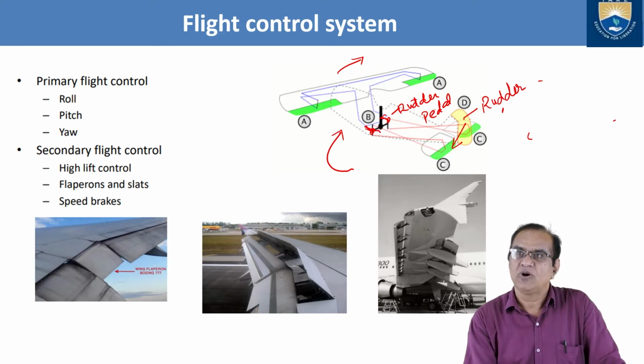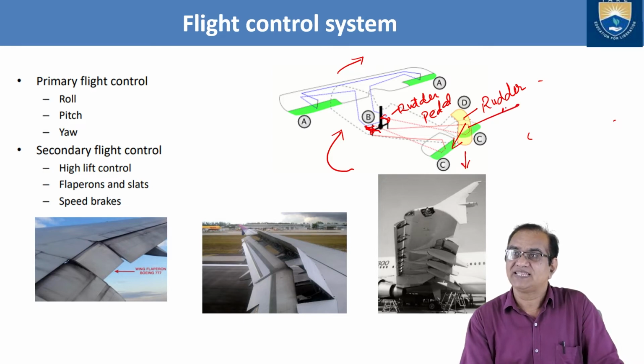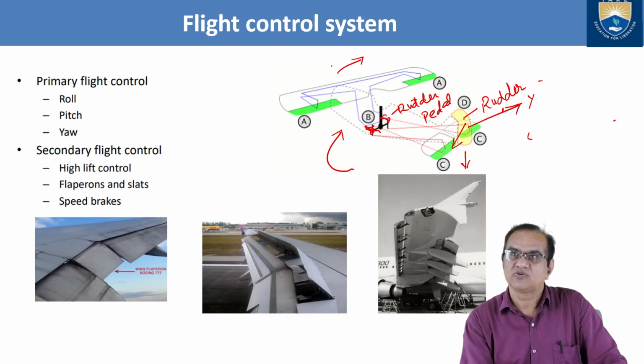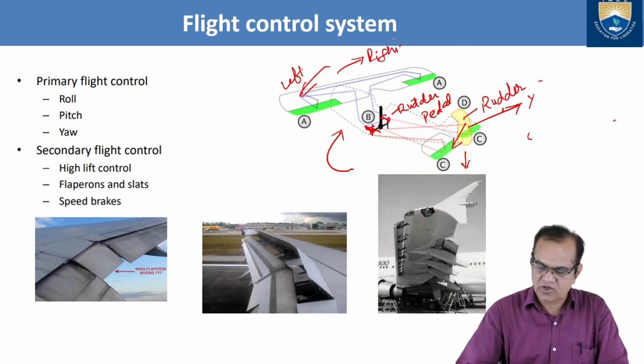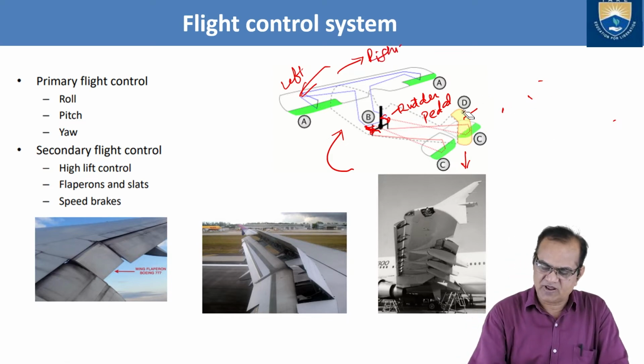This yellow color rudder will come towards this direction, and the force will act in this direction. Okay, it is a Y force, a side force, and your nose will go towards the left, and this is the right. Okay, this is the principle of the rudder.